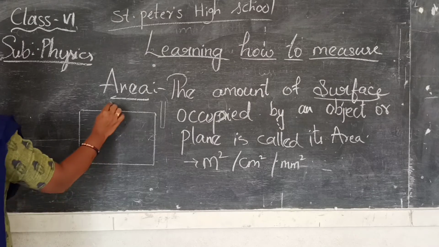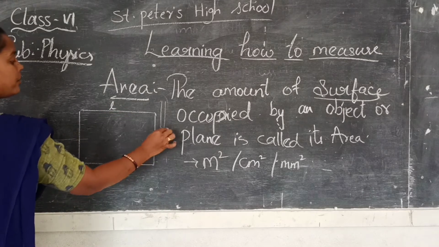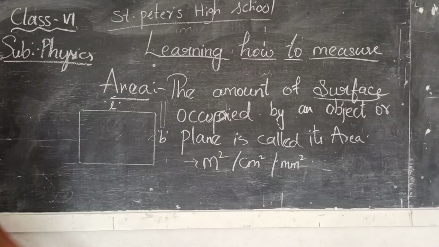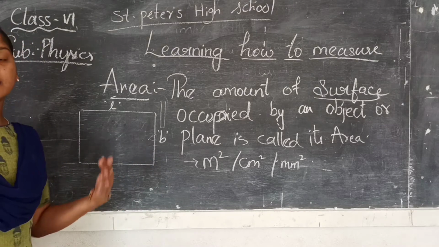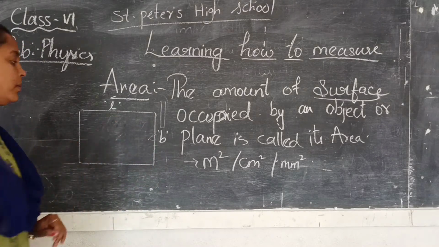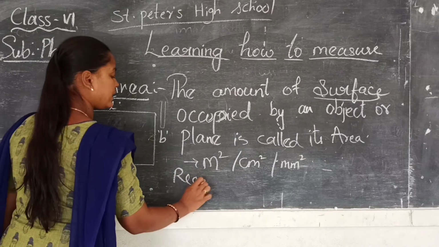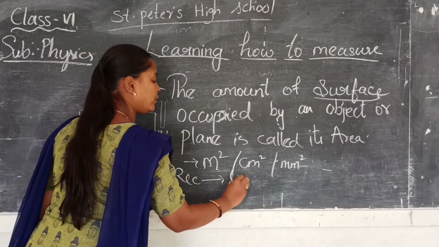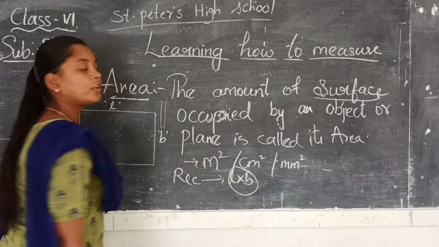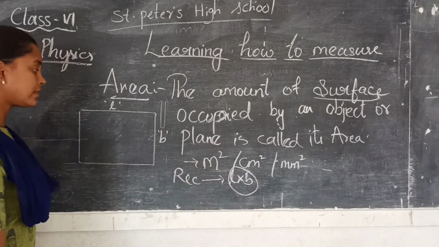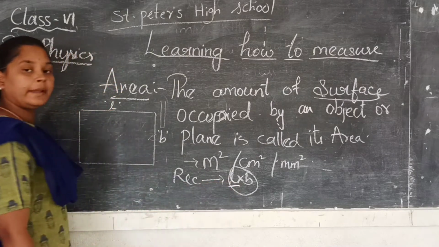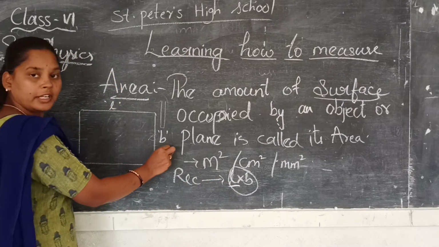Now, in a book, this is the length and this is the breadth. For a rectangle, to find out its area, we have a formula. The rectangle formula is length into breadth. Length will be in meters, breadth will also be in meters.